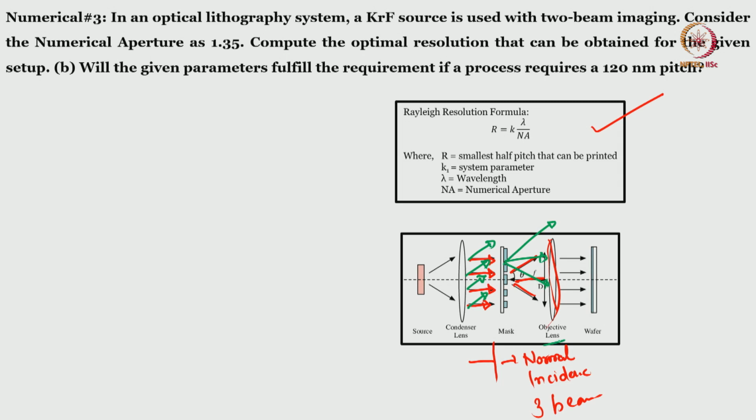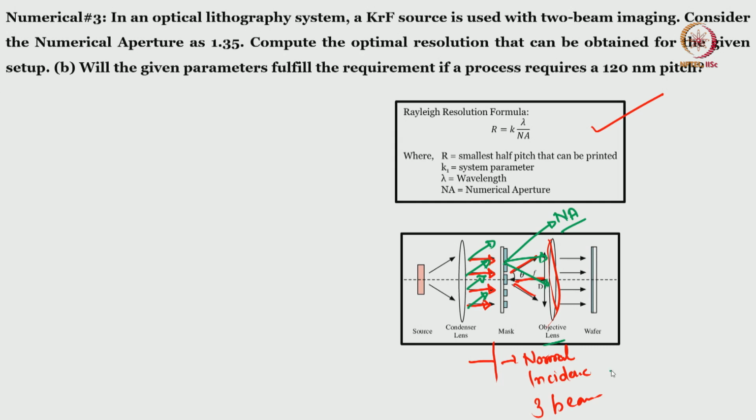That again will be decided by your numerical aperture. Numerical aperture, as I mentioned, is the ability to acquire a particular portion of the light, which also leads to limited fidelity of the finally acquired light on your wafer. So these are 2 types.